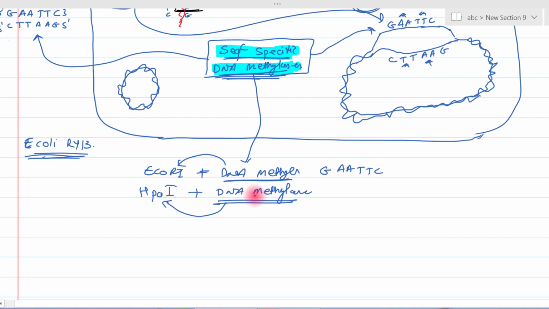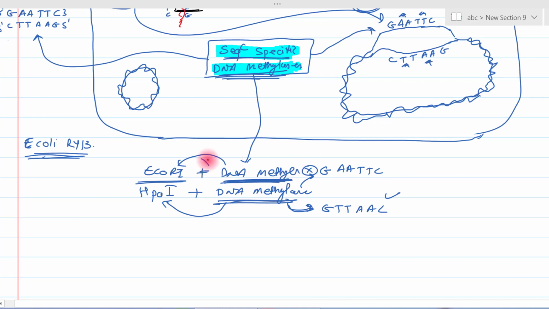Whereas the DNA methylase which occurs with HpaI will not methylate this site, but it will only methylate the site GTTAAC, right? So both are DNA methylases, although the names are the same, but this is EcoR1 specific DNA methylase, this is HpaI specific DNA methylase.